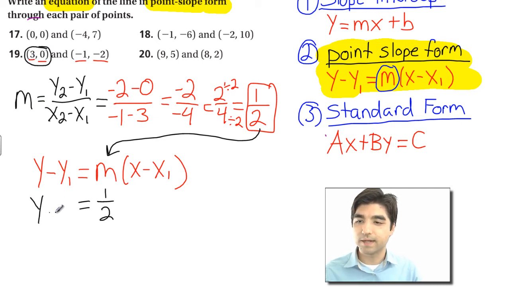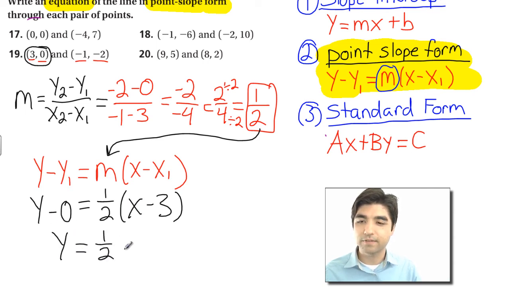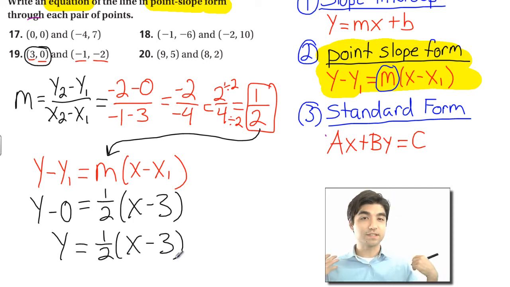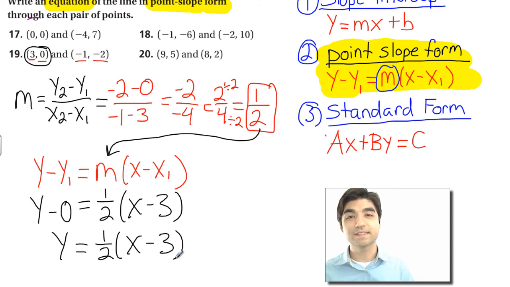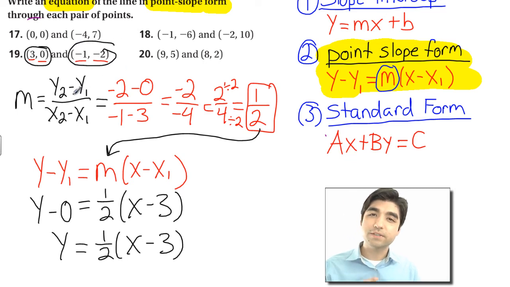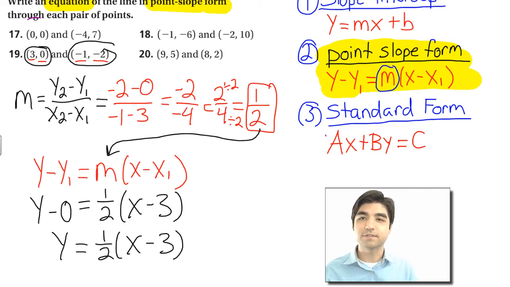So let's do y minus 0 equals 1/2 times x minus 3. So we get y equals 1/2 x minus 3, and you just leave it like that. That would be the answer for 19. If you use the other point, -1 and -2, your answer will look slightly different, but as long as you did the same steps, it's still the right answer.